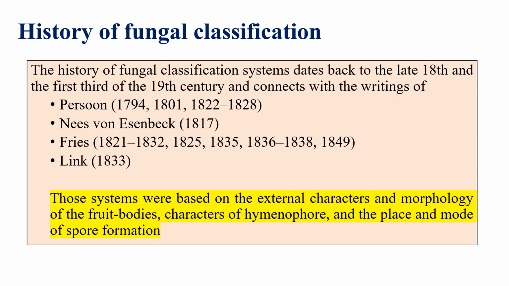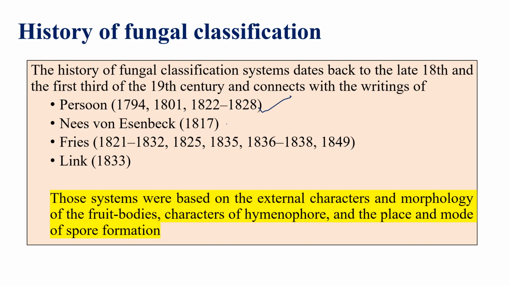After that, in the history of classification, if we go back to the 18th century until the first third of the 19th century, there were golden findings and various kinds of breakthrough contributions related to fungal taxonomy and classification. Here, C.H. Persoon, in 1794, 1801, 1822 and 1828, made breakthrough contributions to fungal classification.